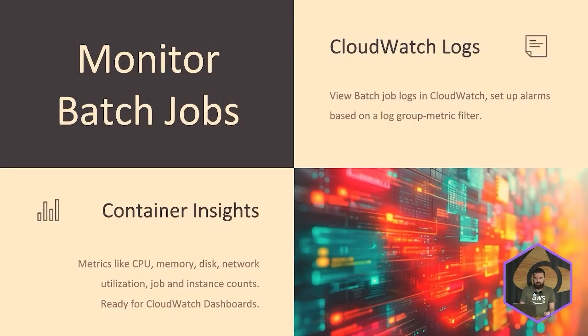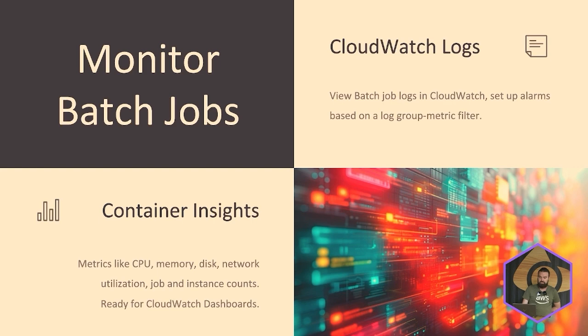Okay, then you want to monitor your batch jobs, especially at this scale. The default log store is going to be CloudWatch Logs. You can view your batch logs there. You can set up alarms based on things like log group metric filters. You can do all the things that you would expect from CloudWatch.